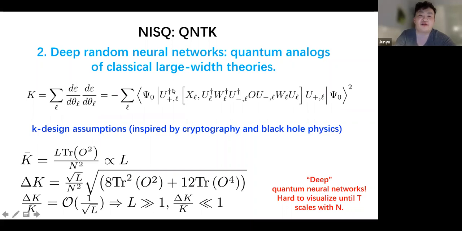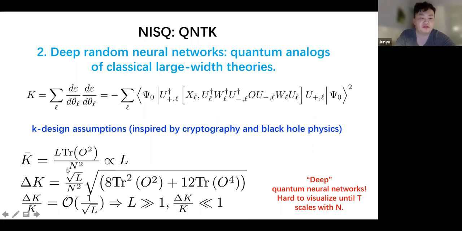You can average over the uniform distribution of those variational angles theta, and then you are able to have an exact prediction of this K bar, the average, that is proportional to L, the number of training variables, and inversely proportional to n squared, the dimension of the Hilbert space squared, times the trace of O squared. So this average can be predicted, and also the standard deviation can be predicted as well. It is the square root of L divided by n squared times a similar factor.